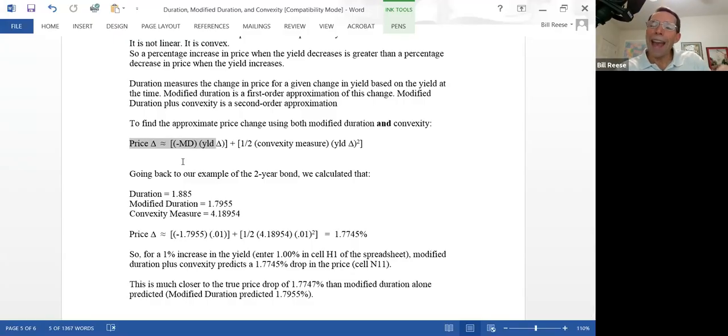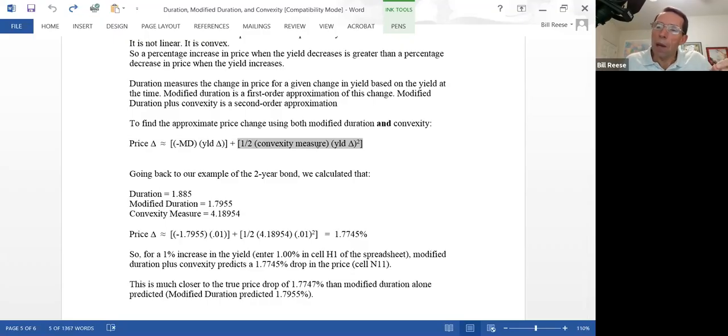Now, if we were going to add in the convexity measure, we are adding this over here. So we're adding a number, and the number we are adding is going to be 1/2 times the convexity measure we just calculated, times the change in the yield squared. Now, this is going to have to be positive, because whether the yield goes down or goes up, when we square it, it becomes a positive value. 1/2, of course, is a positive number.